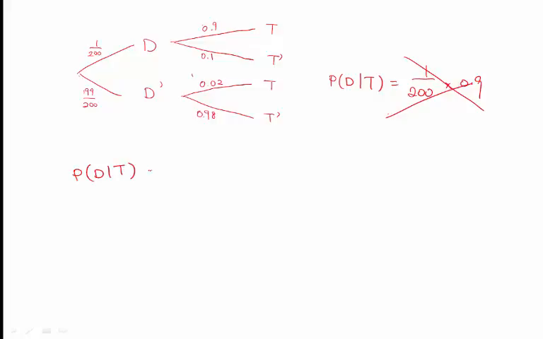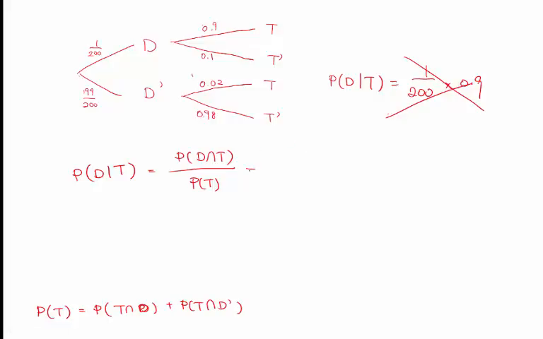Using our formula from set notation, we can expand this into P(D intersect T) over P(T). And using our set notation knowledge, I'm just going to write it at the side. P(T) equals P(T intersect D) plus P(T intersect not D).